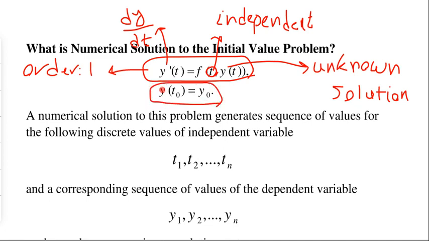The value of our unknown solution at a starting point t0 of our domain is known. We know the value of y at t0 is equal to y0.